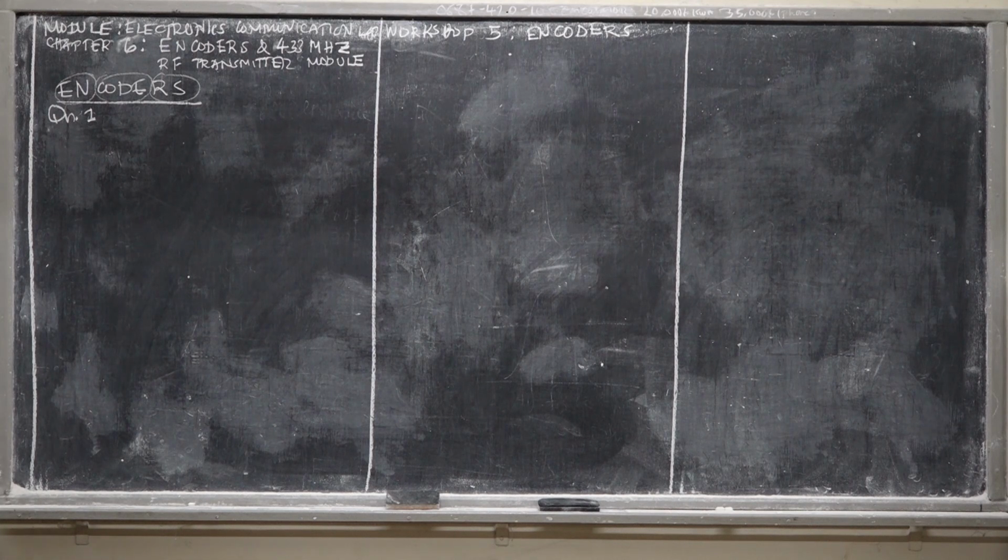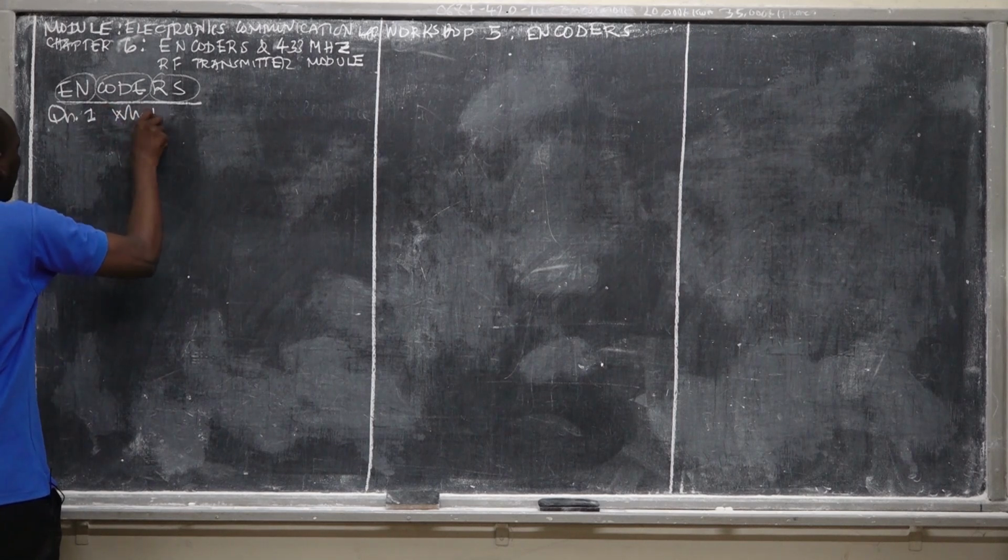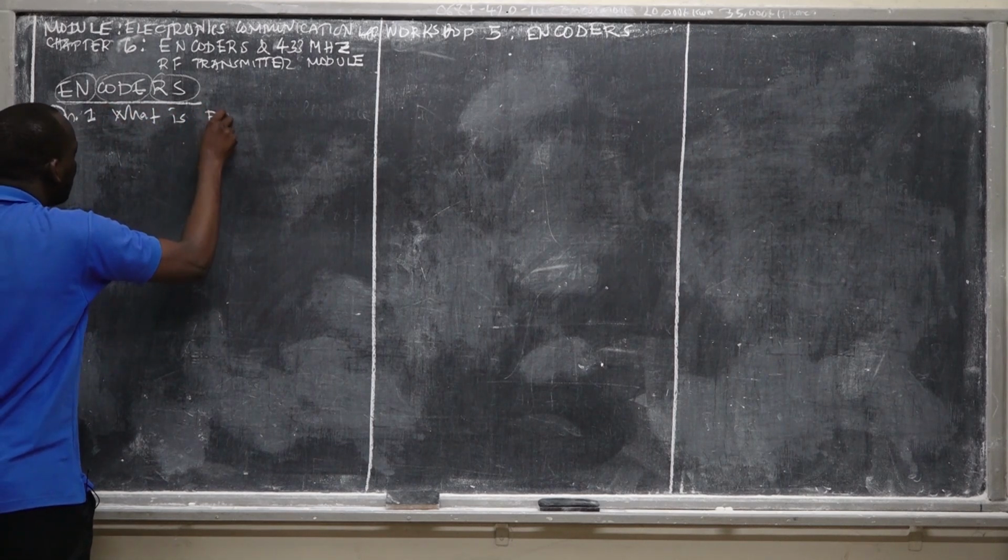But here I'm going to give you the introductory concept and build a strong foundation. Then we'll head to the practical because we want to use it to encode the information signal. So right now, we'd like to know what an encoder is.